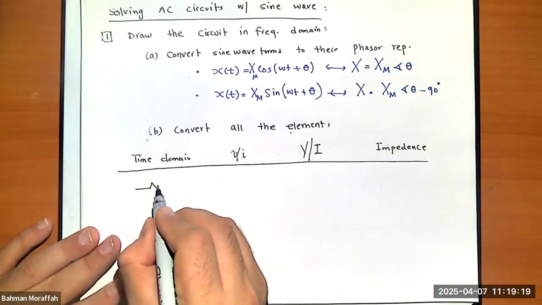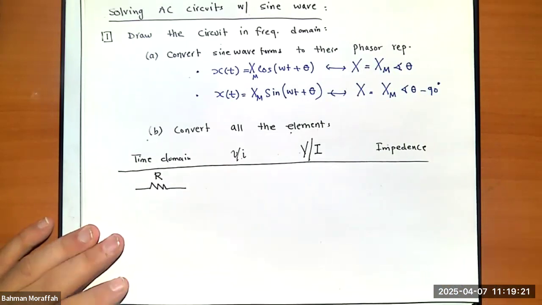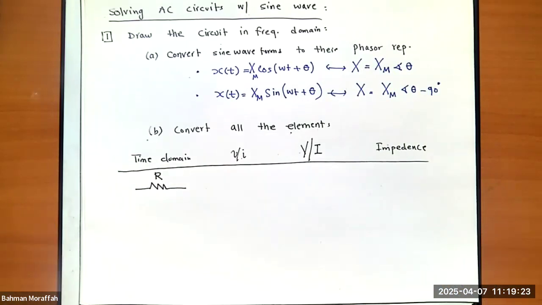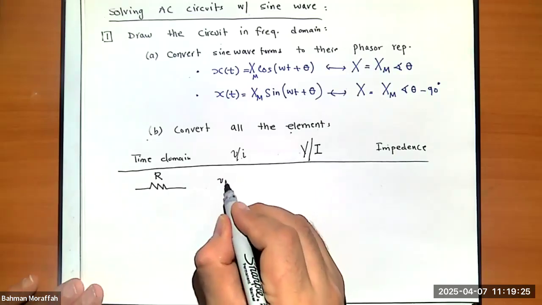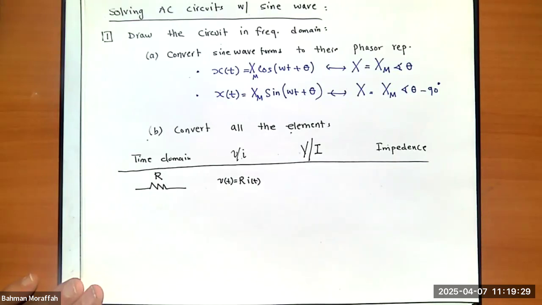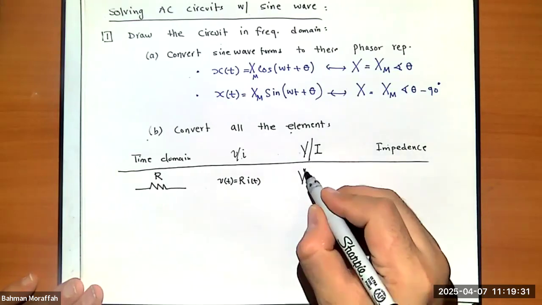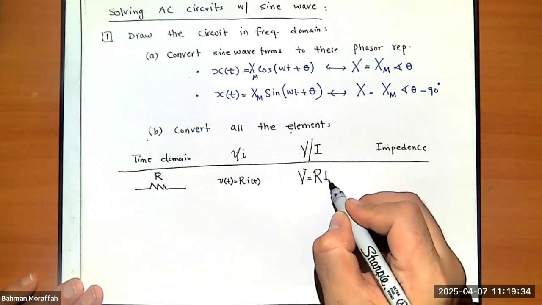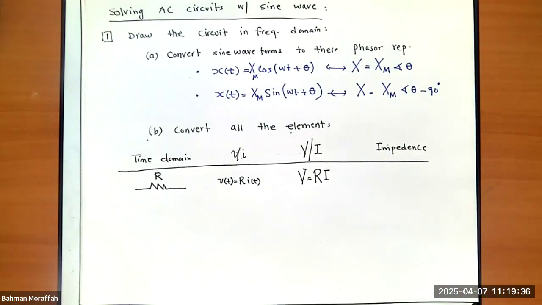If I have a resistance with value R, I know the time domain relationship, v of t equals R times i of t. The phasor representation is V equals R times I, where V and I are both phasor representations, which means they're complex numbers.